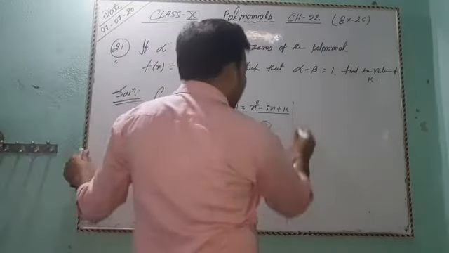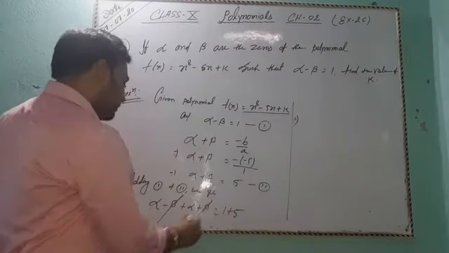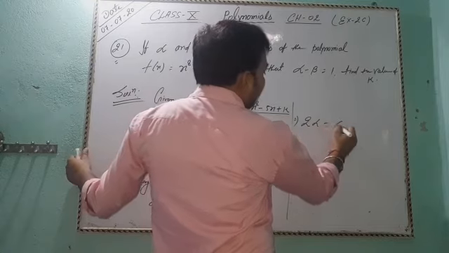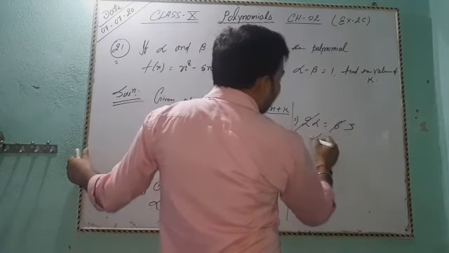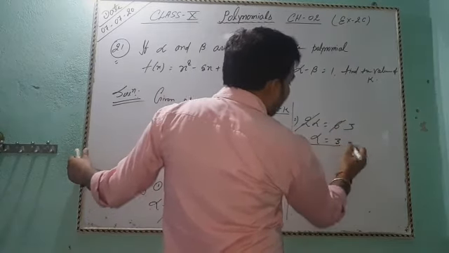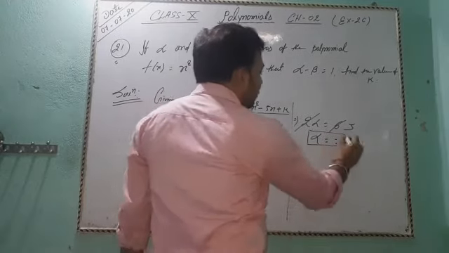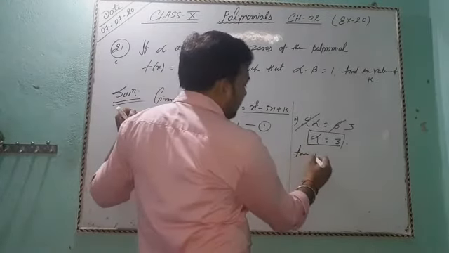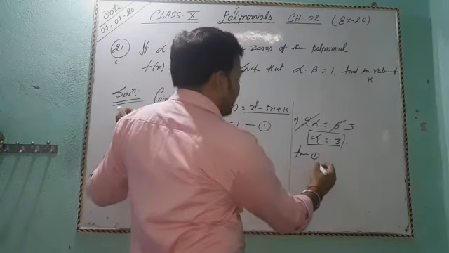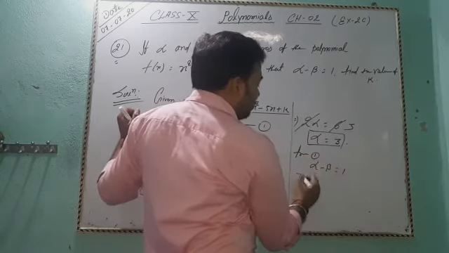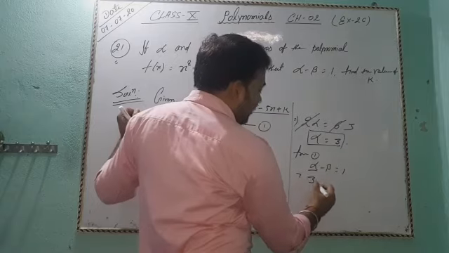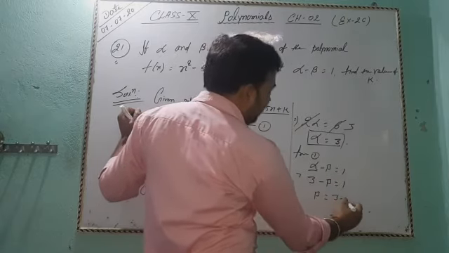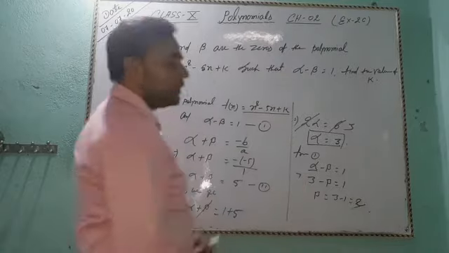So minus beta plus beta is cancelled, alpha plus alpha, 2 alpha equal to 6, 2 3 is 6, so alpha equal to 3. And from equation first, alpha minus beta equal to 1, so alpha equal to 3, put the value of alpha, 3 minus beta equal to 1, so beta equal to 3 minus 1 equal to 2, so beta equal to 2.